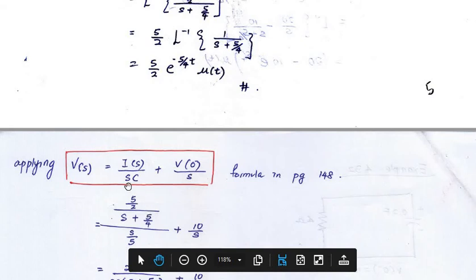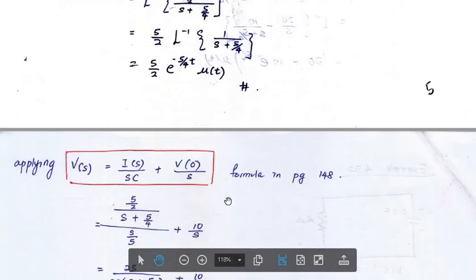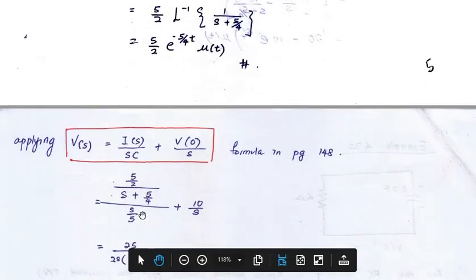And sC, you see here, Is over sC. The C is 0.2, so you get 5 Is over s. Because Is is the top one, you substitute it. And V0 over s is 10 over s.